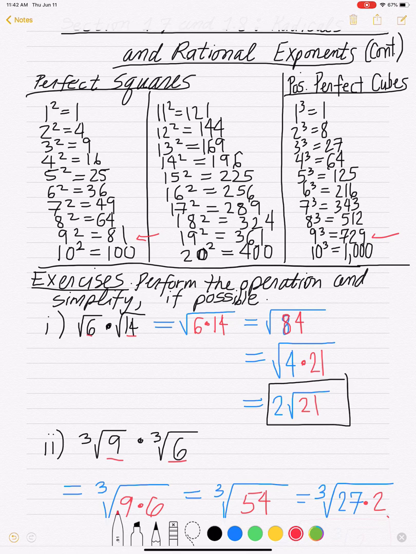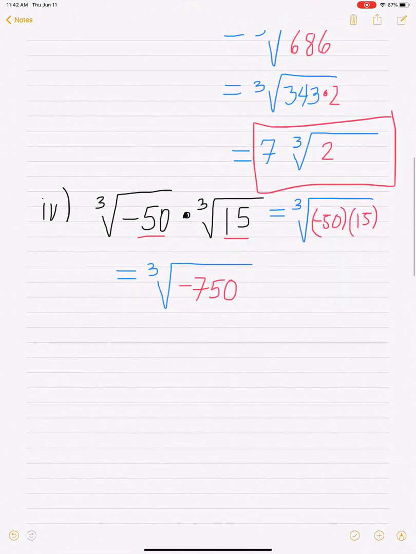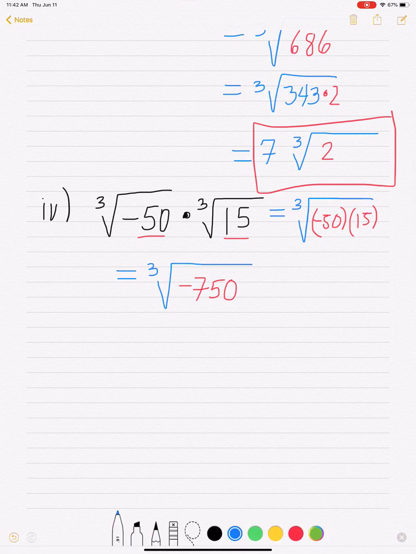Negative 125 times 6. Right, negative 125 times 6 will give you negative 750.